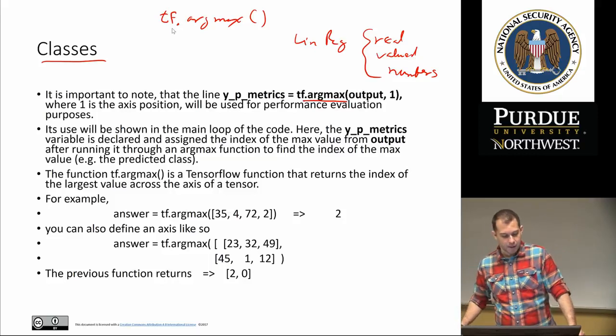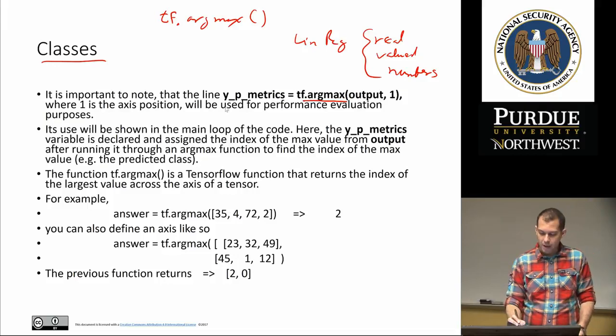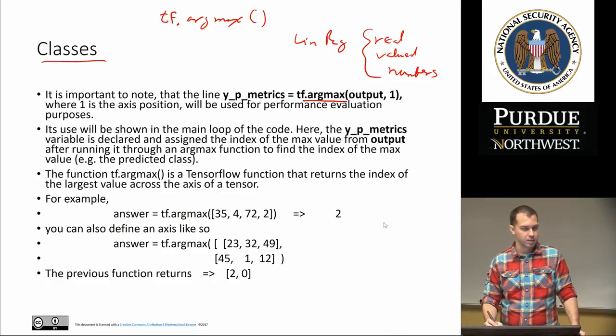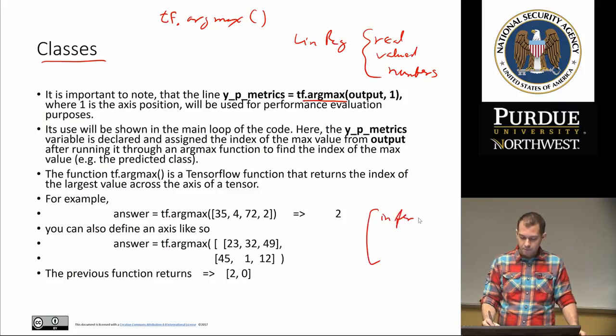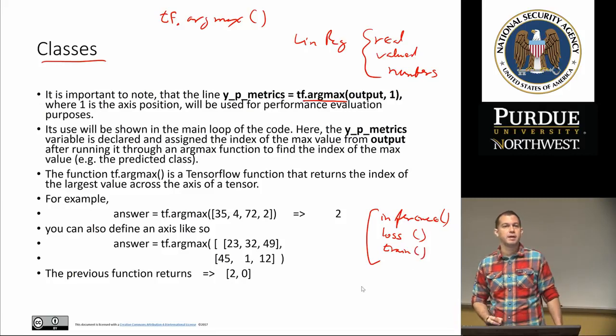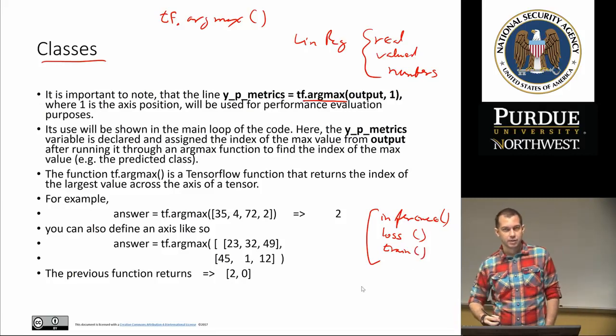So at some point in the code, if you remember when we talked about the core functions for deep learning, we said that we had inference, then we had the loss function, then we have train. These are the three main ones that we looked at in the linear regression example.